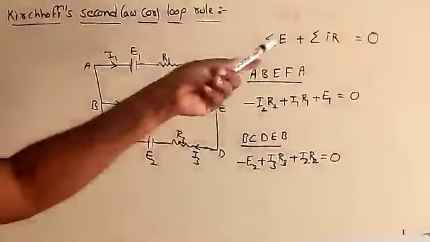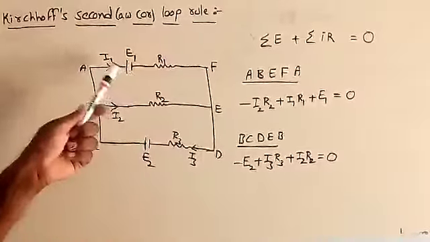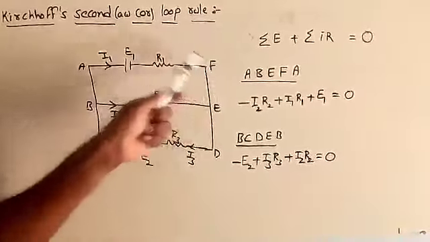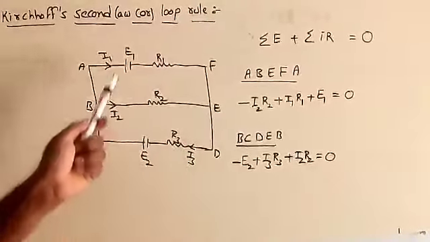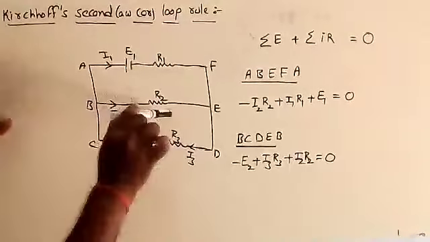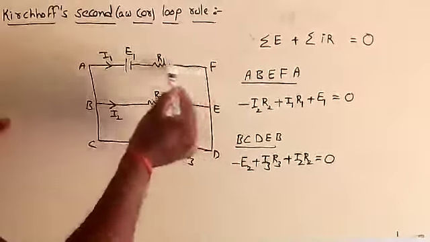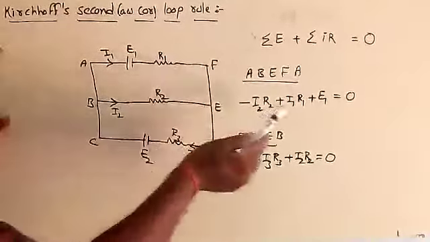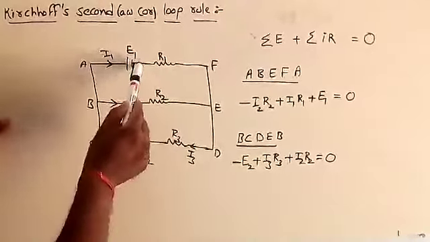Now for this statement I am taking two loops. First loop A B E F A, and second loop B C D E B. Now I already told you, if we are traveling in the direction of current, then the potential drop will be negative. If you are traveling opposite to the direction of current, the potential drop will be positive. If you are traveling negative to positive, EMF will be positive.